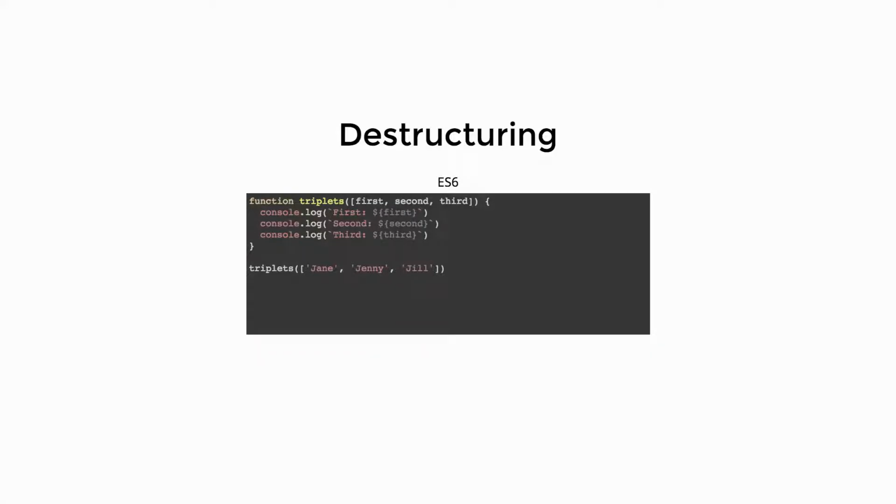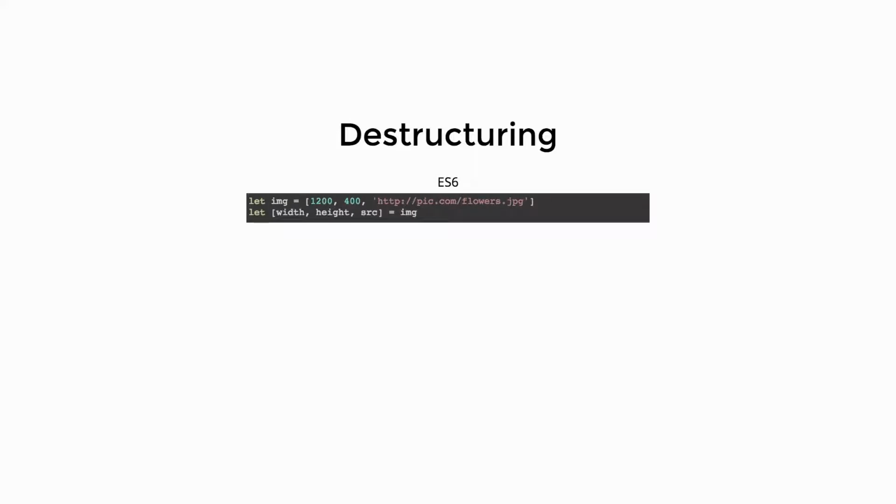You can basically already do this in PHP to some degree. You can't do it so much in the arguments, but you can do it with list. It's basically like list in PHP. So that seriously simplifies what you're doing. You can also write this outside of arguments. So here I've got an image with some dimensions.